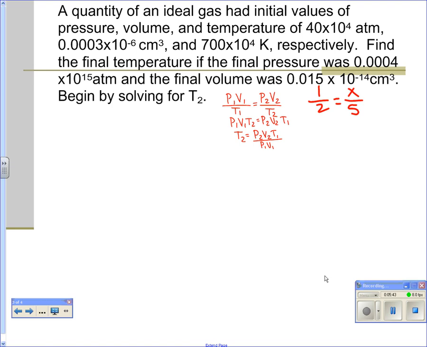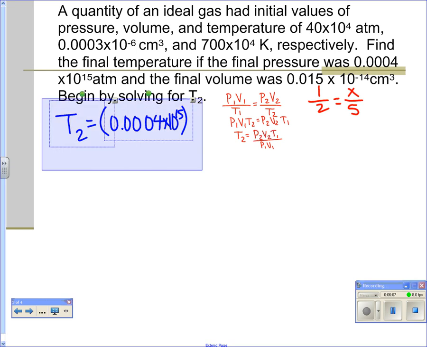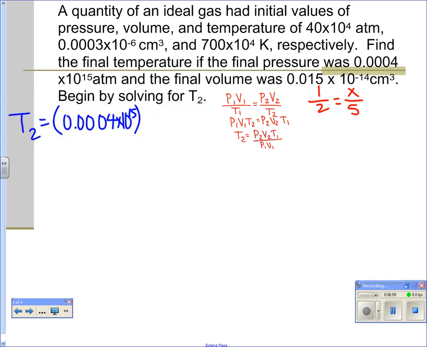So now I need to figure out what is my P2? Do you agree? Okay. What was my V2? My V2.